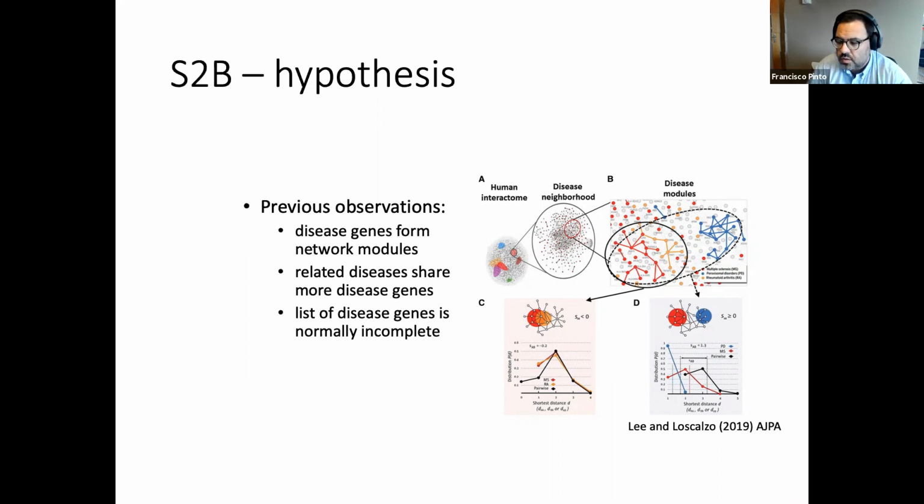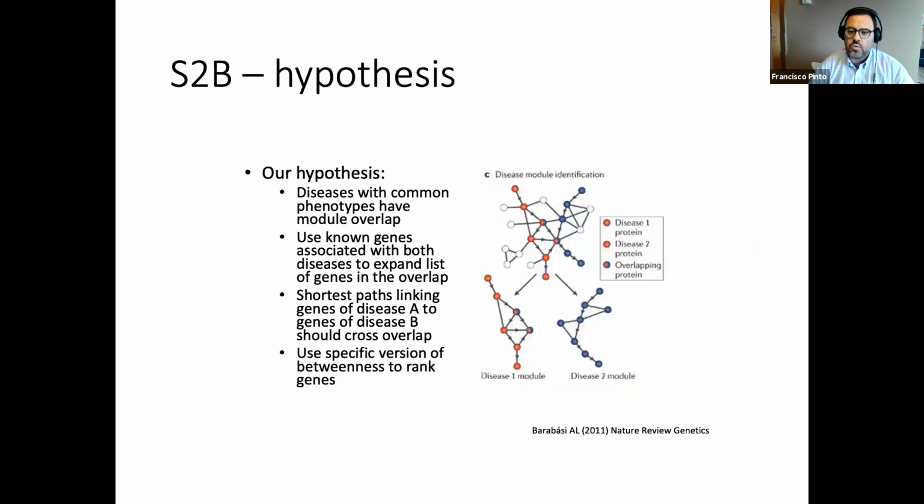And we thought that it would be particularly informative to discover candidate proteins that would be associated with two diseases simultaneously. So our hypothesis was that diseases with common phenotypes have an overlap between their disease network modules.